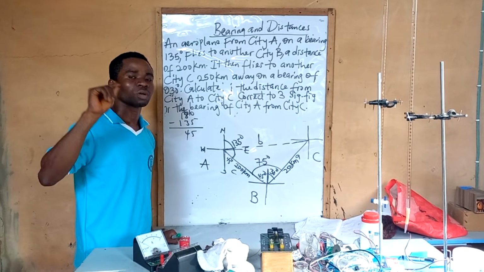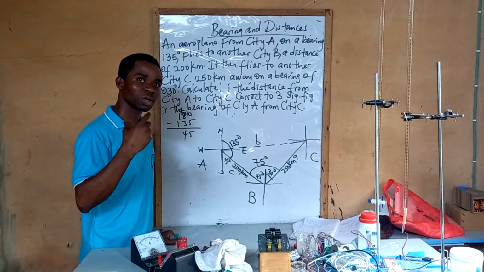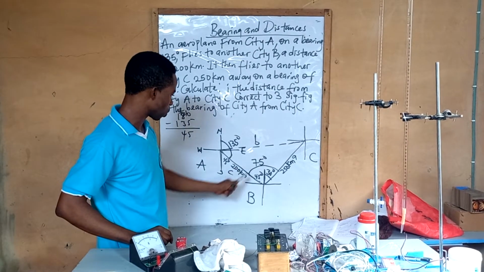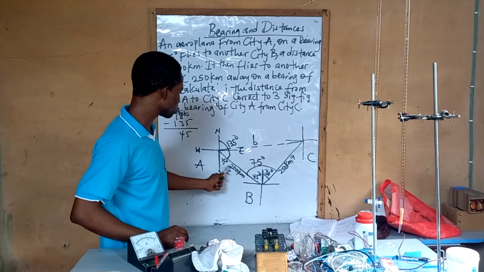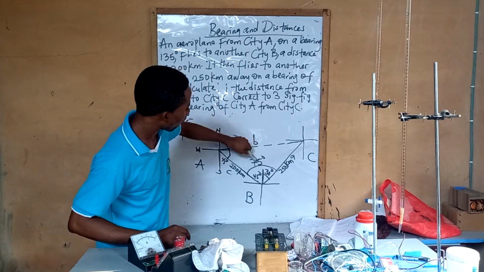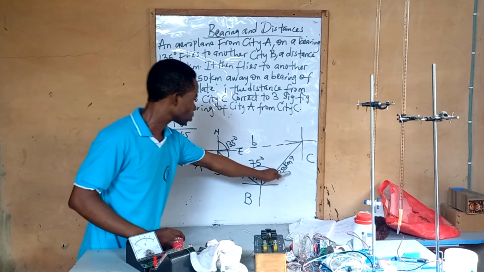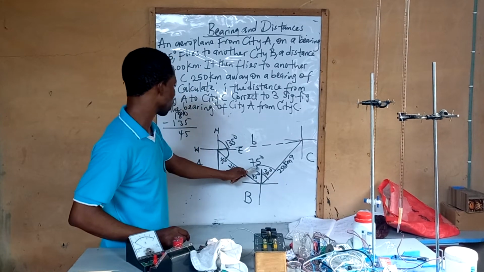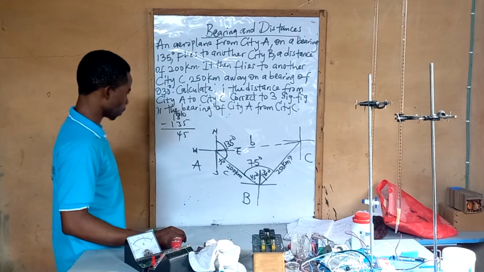I told you the condition to use cosine rule. This is cosine rule because I told you that if you have a triangle in which you have two sides and one angle included, you will use cosine rule. So this one now, I have two sides and one angle included, and I'm looking for this. So I will use cosine rule. Okay?